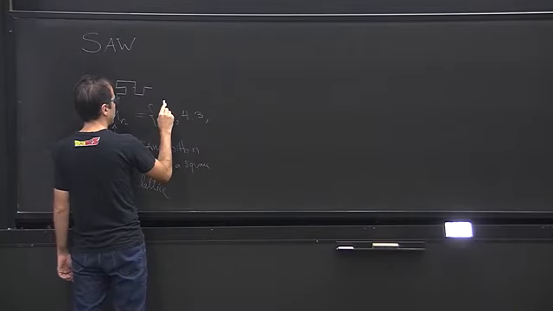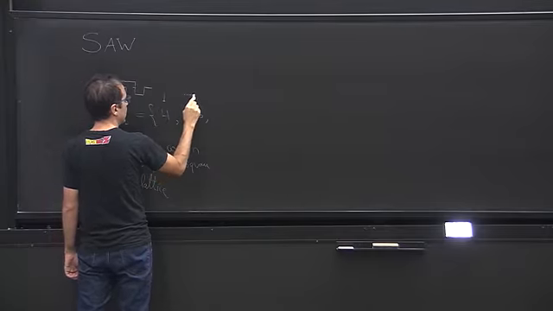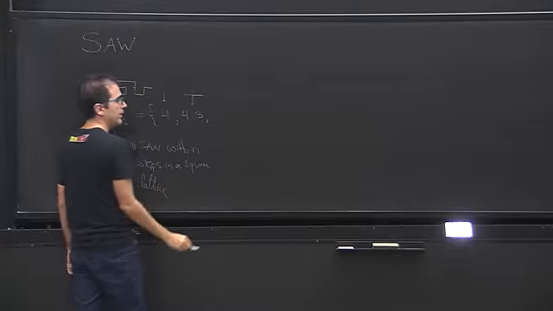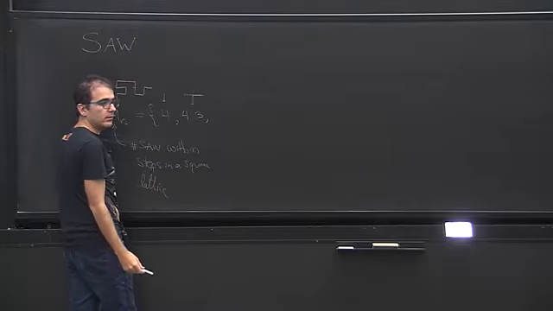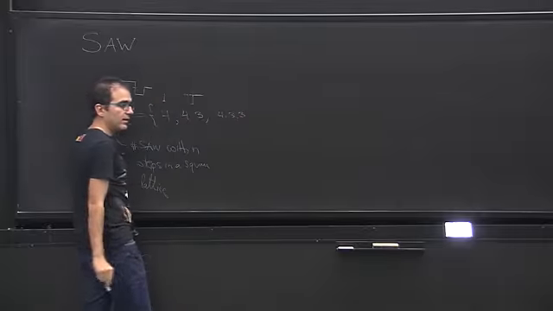So this 4 is just I choose a direction. Then here I have 3 directions. So I pick, say, this one, and then 3 again. 4 times 3 times 3.